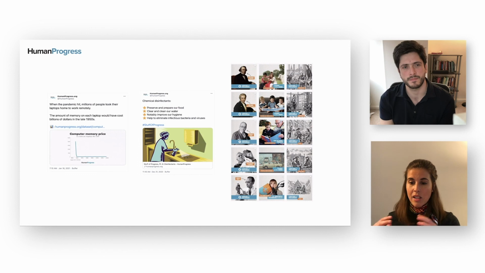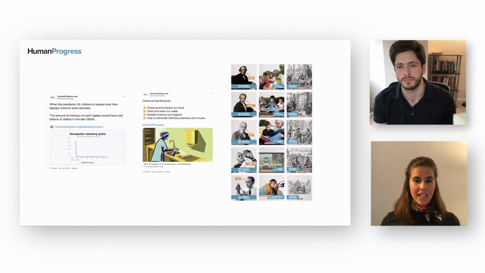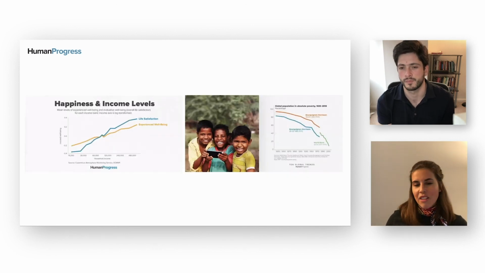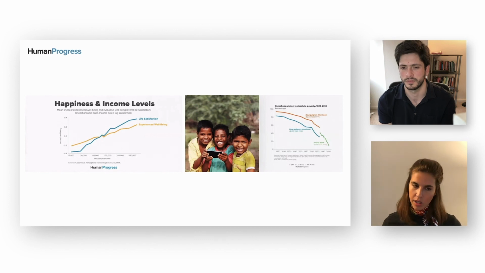They use some icons, and they reorganize data in a way that's more friendly to the human eye. And if you follow them on social media, you'll also see the same thing across the different types of charts and images that they produce.